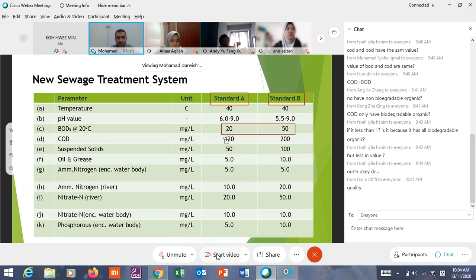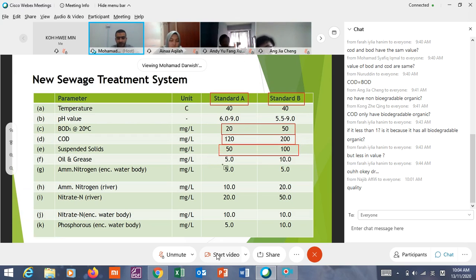The same goes for the COD. For standard A, it is not more than 120, but for standard B, it can go up to 200, because it is a lower quality of treatment. For suspended solids, it's the same: 50 and 100.